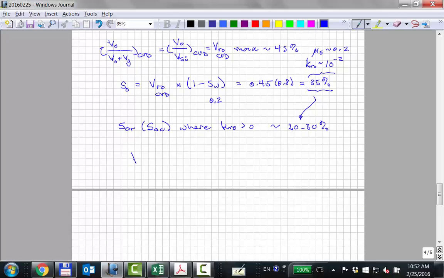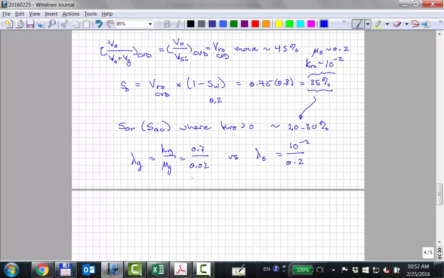So the mobility of gas, which is probably kRg over mu g, which might be 0.7 because of the condensate, over 0.02, is versus the oil mobility, which is 10 to the minus 2 at the best, over 0.2, like that.